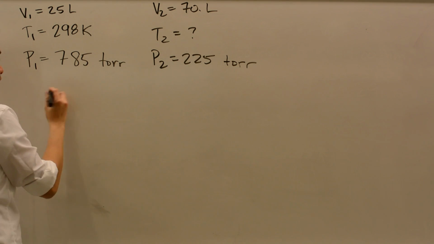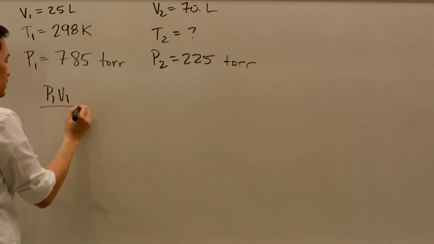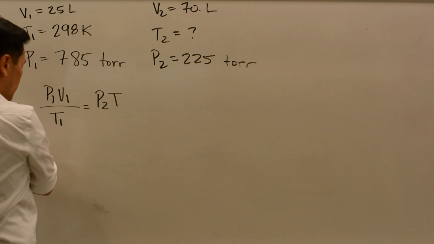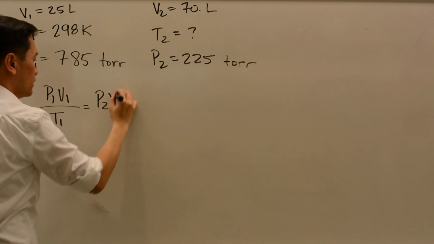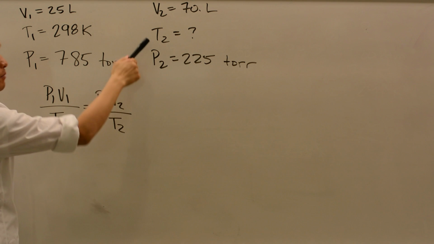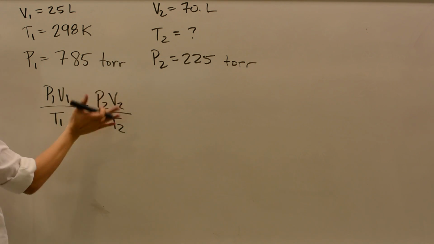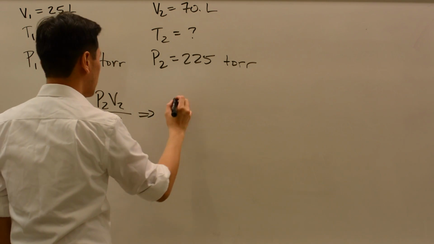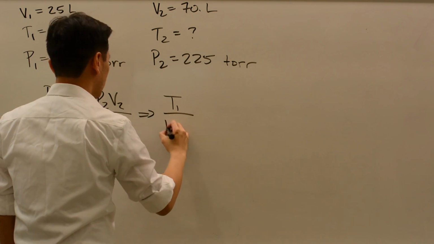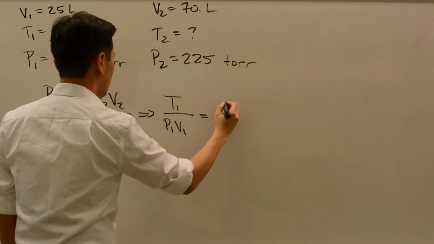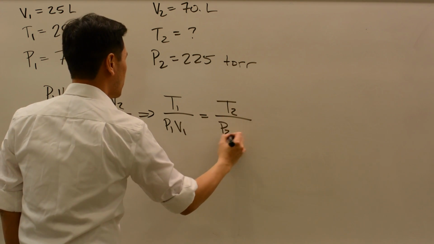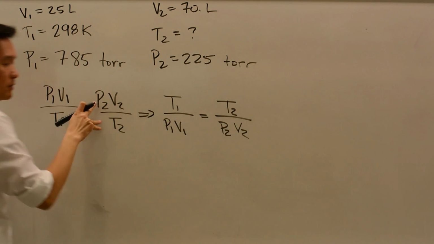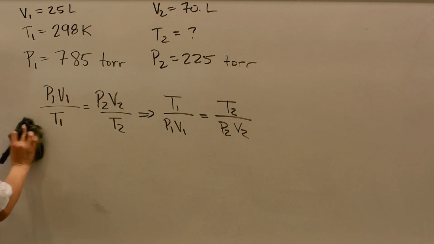So again, using the combined gas law, which states P1 V1 over T1 is equal to P2 V2 over T2, right? But we're looking for T2, so I like to use the inverse of this. So I flip everything. If you flip everything, it becomes T1 over P1 V1 is equal to T2 over P2 V2. You see how this is a flip of this, and this is a flip of this? Okay, so that's legit.